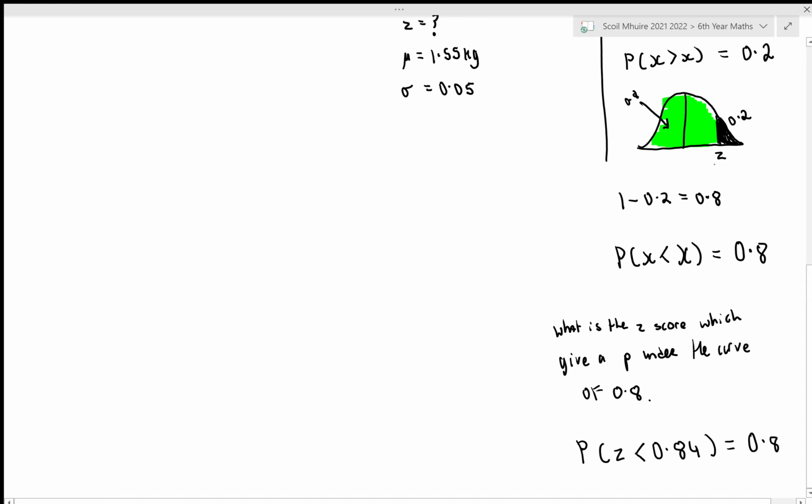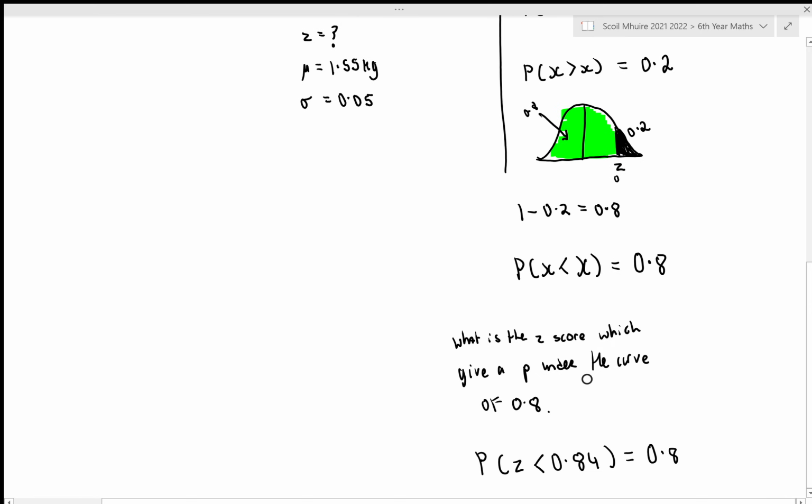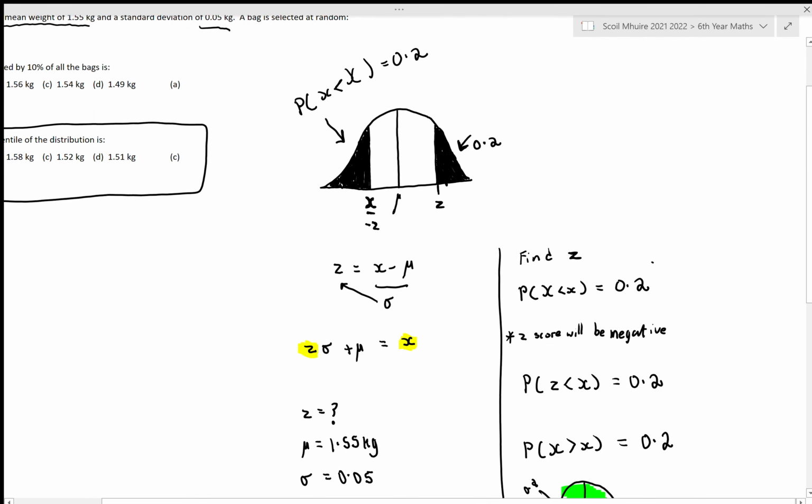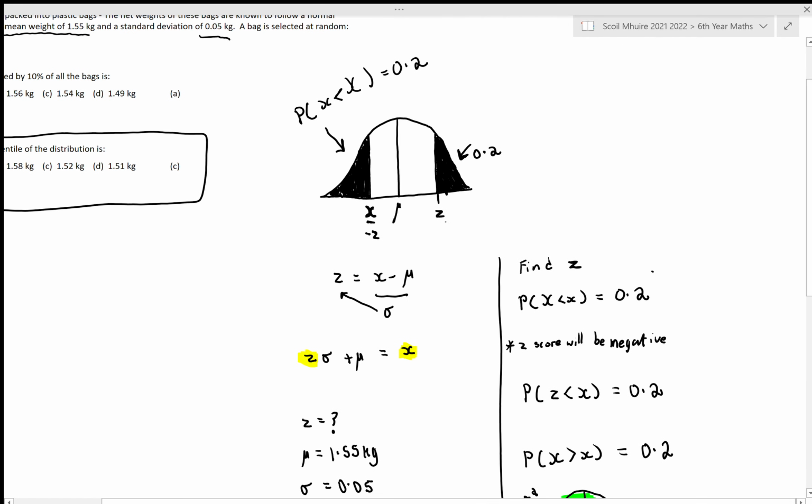That means the z-score we find is 0.84. Remember that the z-score that we're looking for is the negative of that value. If this is 0.84, the z-score that we want is minus 0.84.